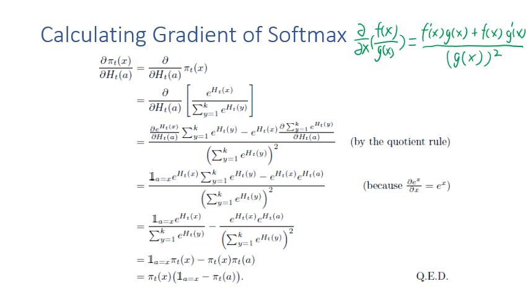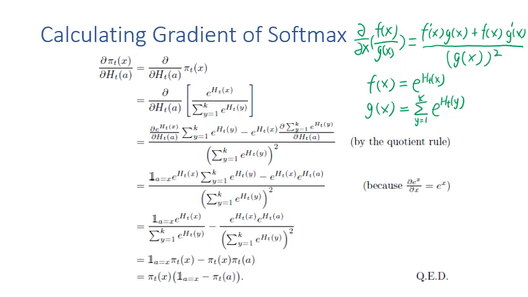So now f x is equal to the dividend e to the h t x, while the divisor g of x is the sum of the other terms.